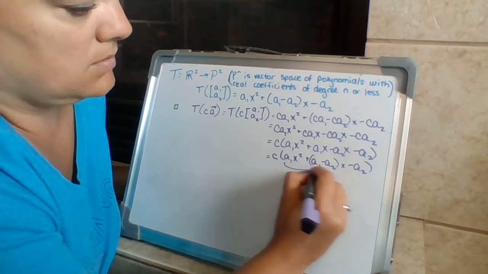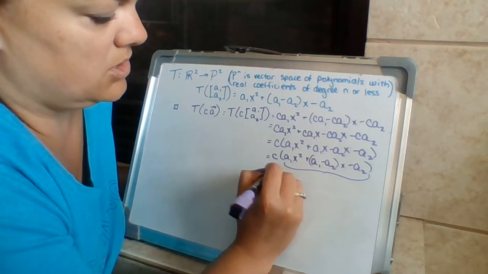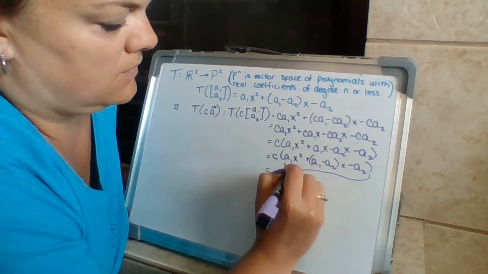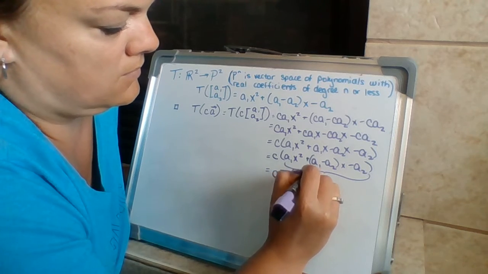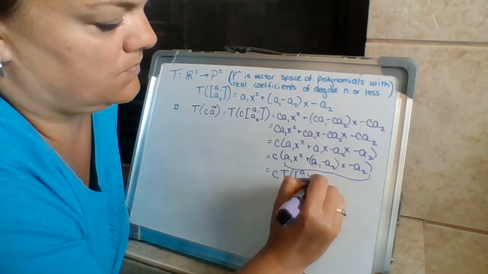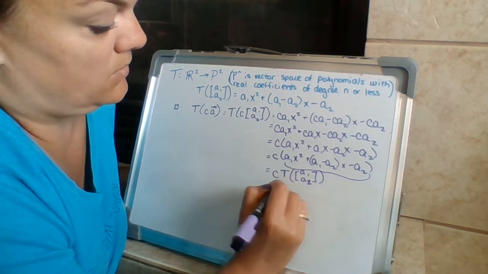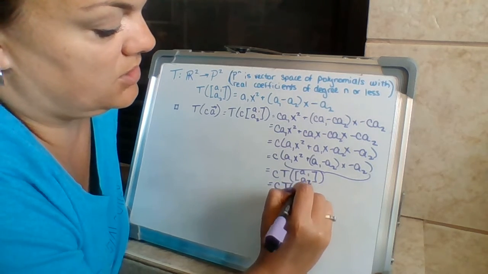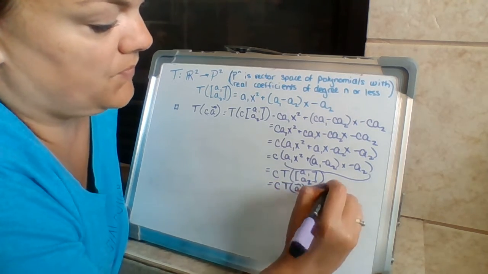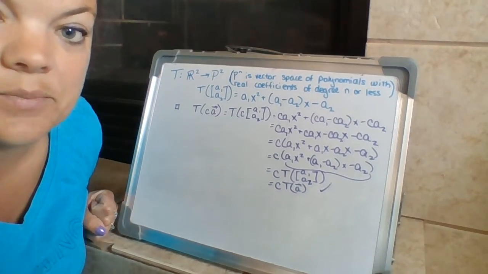This is just c times the transformation of a1, a2, which is the transformation of vector A. So we hold under scalar multiplication.